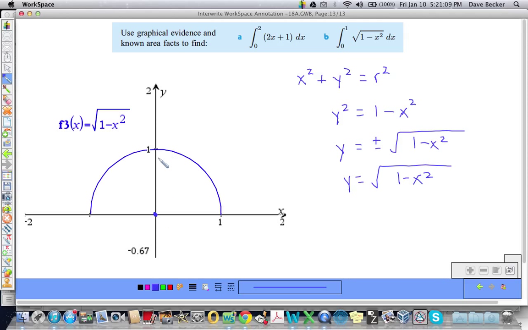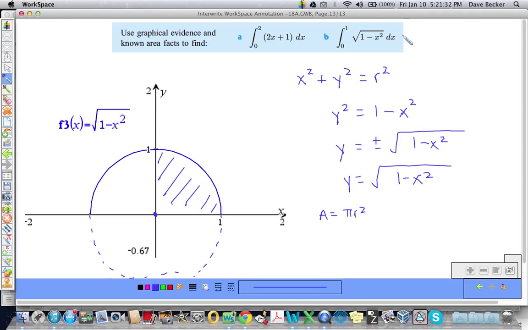And if it's centered at the origin, that means that this area right here is exactly 1/4 the area of an entire circle. Oh, that is horrible down there, and you can't really see, but you can see where this could be an entire circle. Well, the formula for the area of a circle is equal to pi r squared.